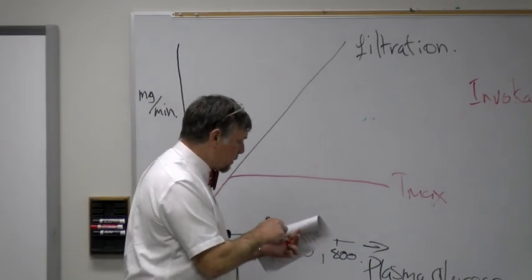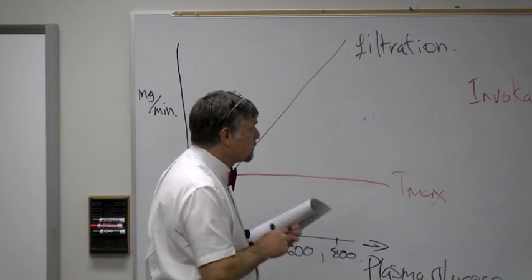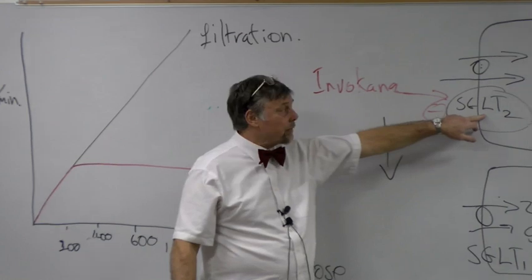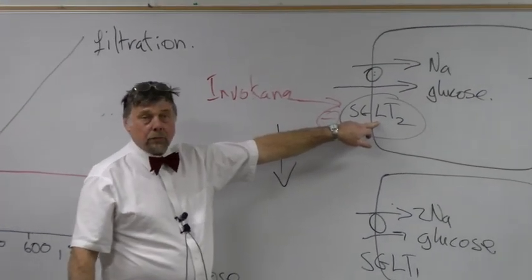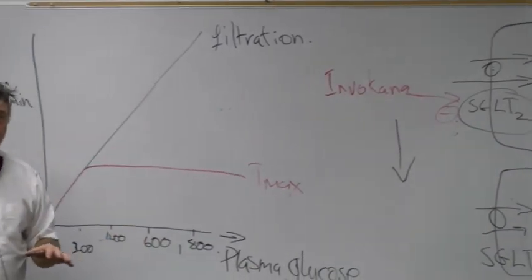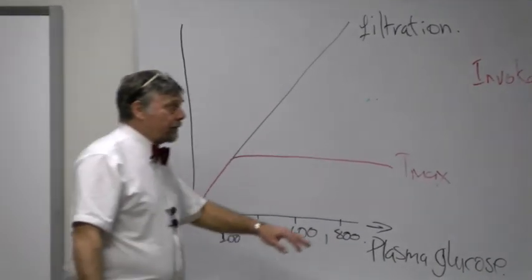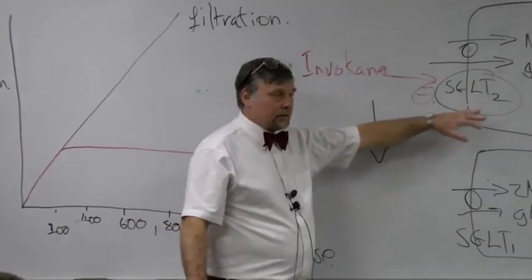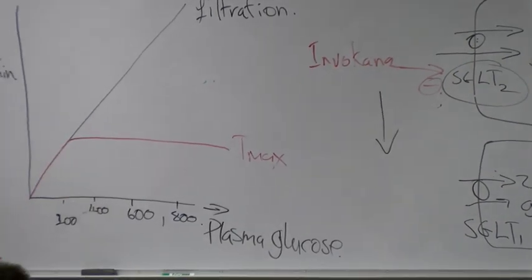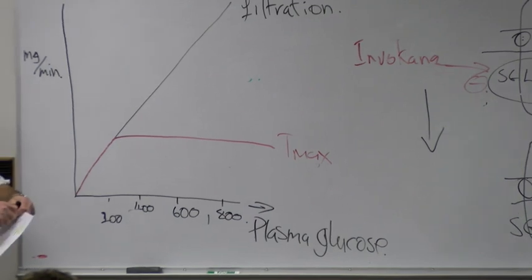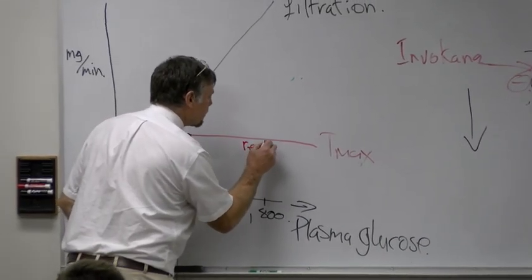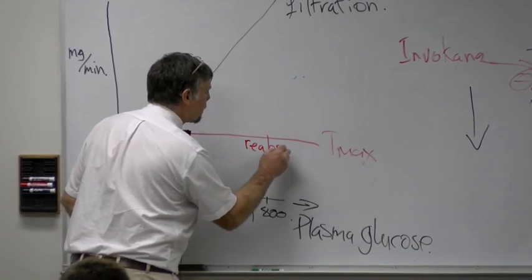In other words, you only have so many of these protein molecules in the membrane that can move glucose. And so it's saturable. Once these are all working at 100%, you come out on a reabsorption curve that's flat. And the terminology is usually Tmax. So that's reabsorption.